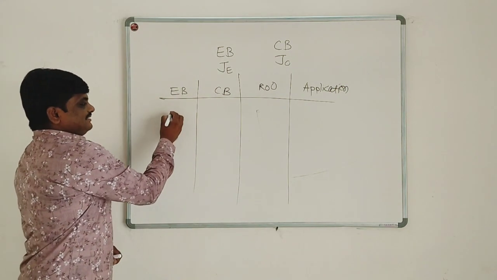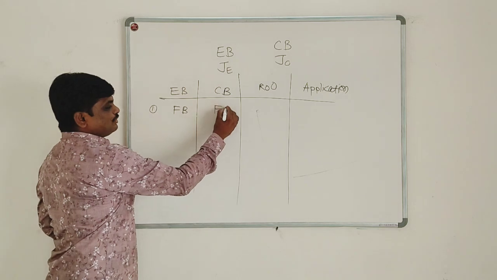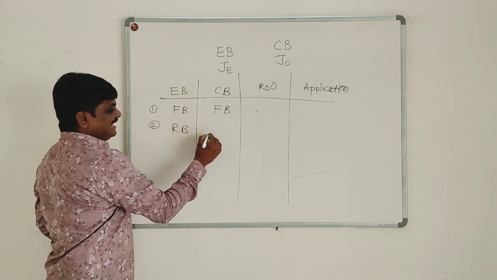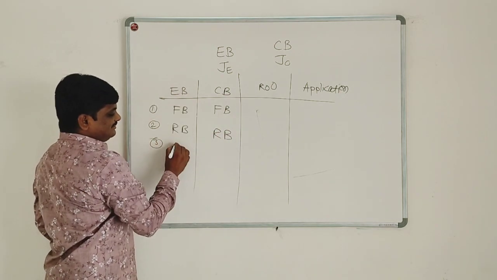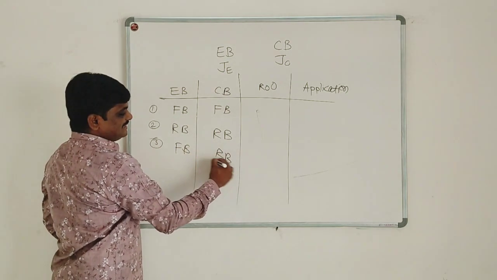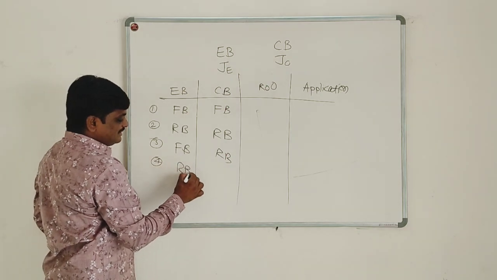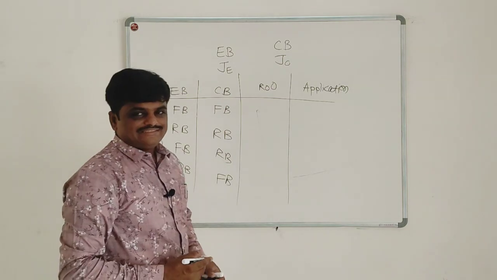First case, both the junctions are forward bias, FB means forward bias. Second case, both the junctions are reverse bias, RB means reverse bias. Third, emitter base junction forward bias and collector base junction reverse bias. And fourth combination, the emitter base junction is reverse bias and collector base junction is forward bias. So these are the four combinations.